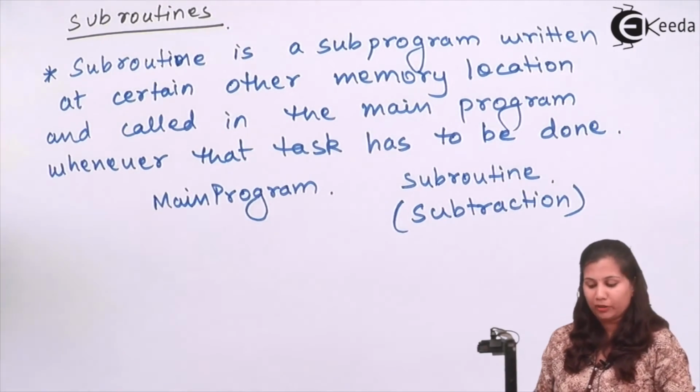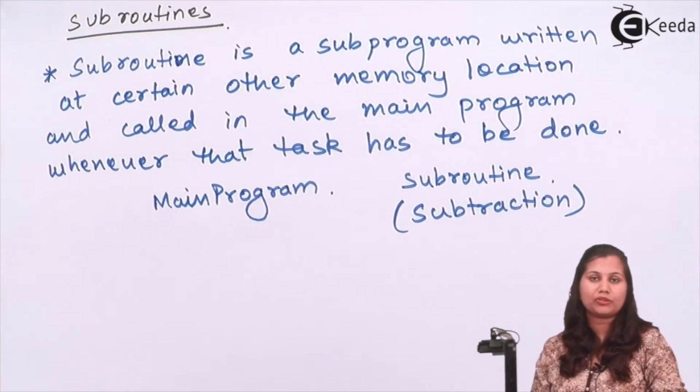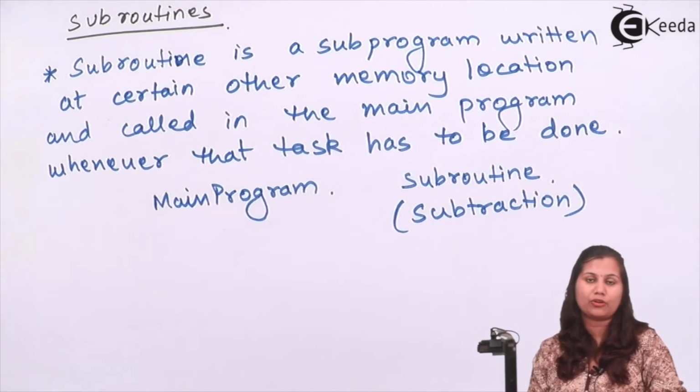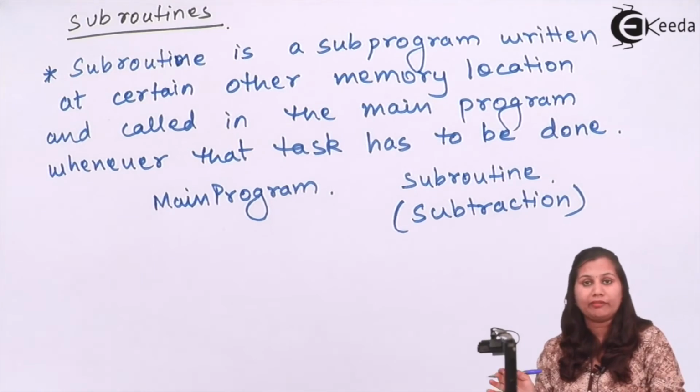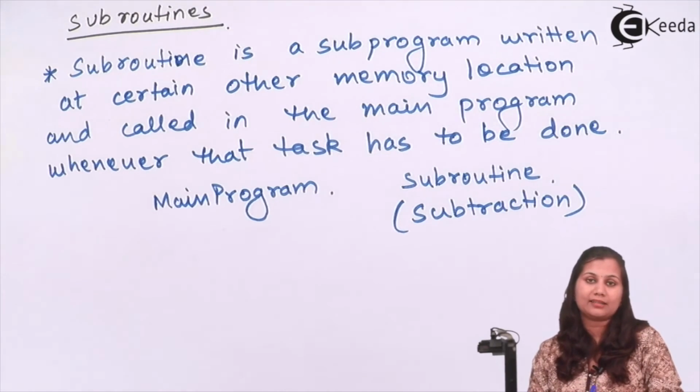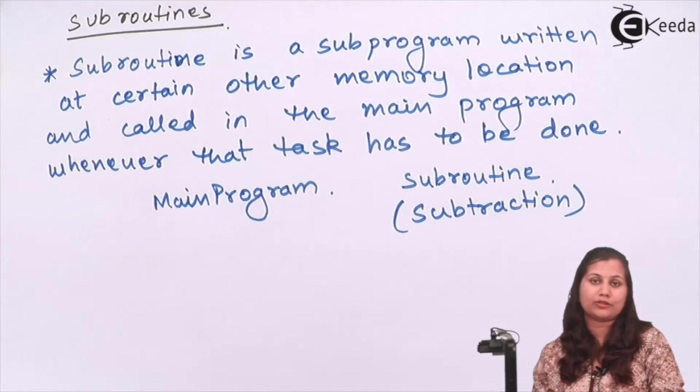Suppose the main program involves subtracting two numbers 15 times. Every time you would write the subtraction instruction and 4-5 instructions for that program again and again, so it requires a very large space.